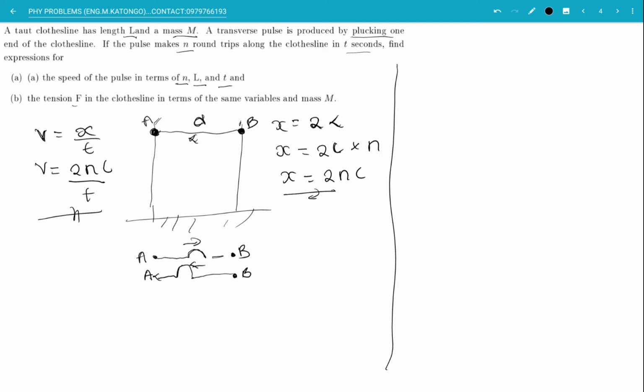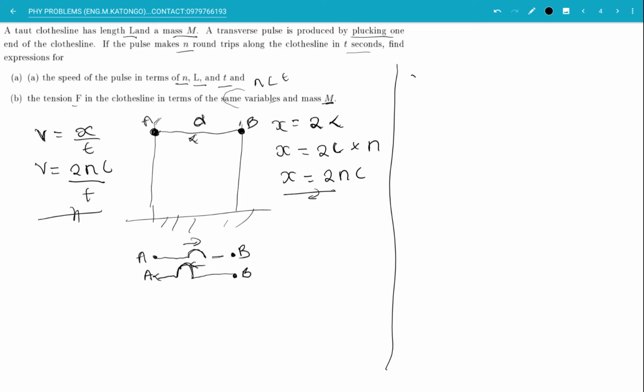Getting to part B of the question, where we have to determine the tension F in terms of the same variables, which means in terms of n, L, t, and in terms of the mass, the tension in the clothesline will practically be formed due to the speed of this very pulse being produced.